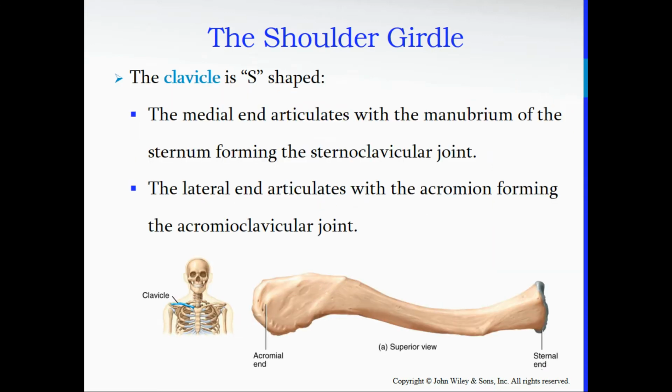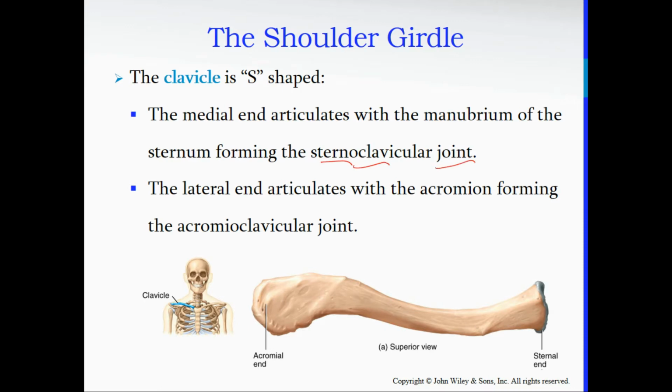The clavicle, aka the collarbone, has a slight S shape to it. The medial end articulates with the manubrium of the sternum, the very top of the sternum, forming the sternoclavicular joint, named because the clavicle and sternum meet to make a joint there.